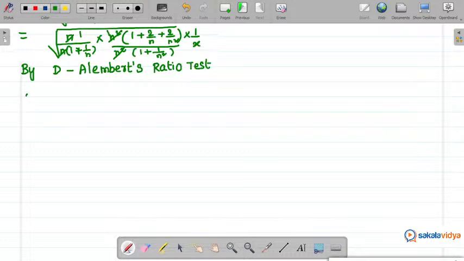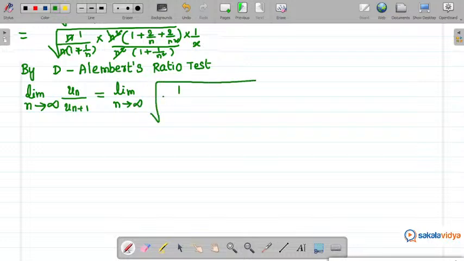right. So limit n tends to infinity, un by un plus 1 is equal to limit n tends to infinity, root of 1 by 1 plus 1 by n into 1 plus 2 upon n or 2 upon n square divided by 1 plus 1 upon n square into 1 upon x.